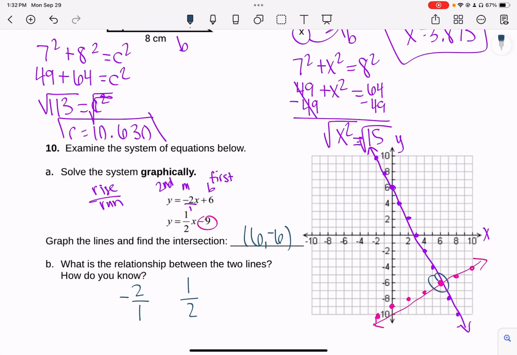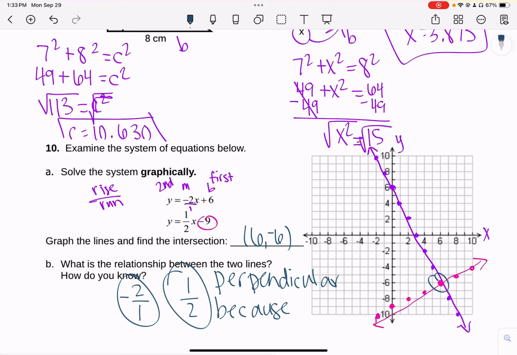And the only way we can really tell is by looking at their slopes. So are their slopes opposite reciprocals? Are we getting a perpendicular? The answer is yes, because they are flipped and the signs are changed. So they are perpendicular because the slopes are opposite reciprocals.